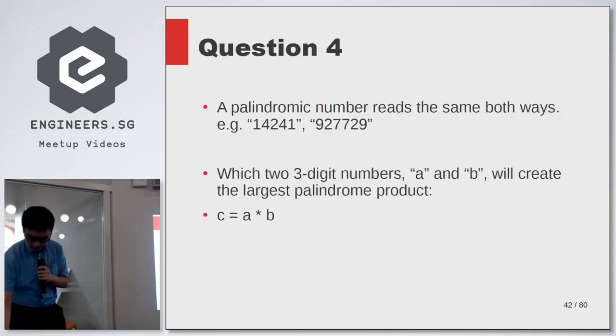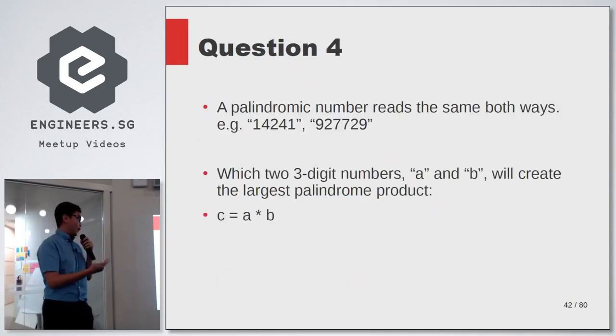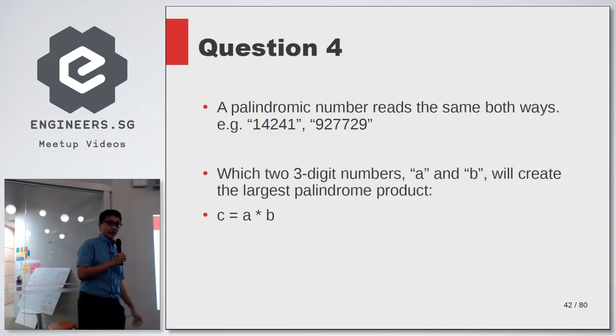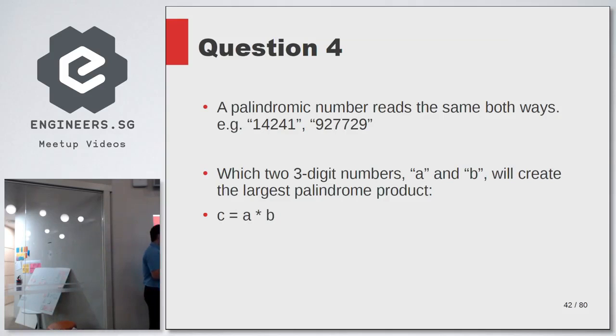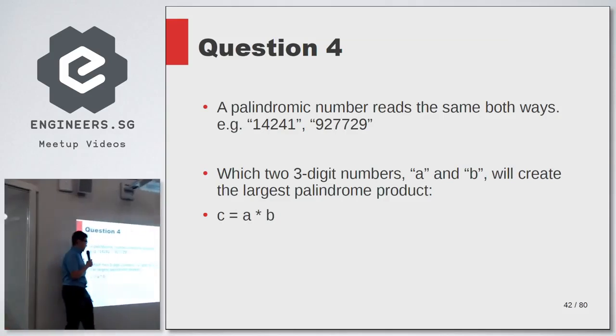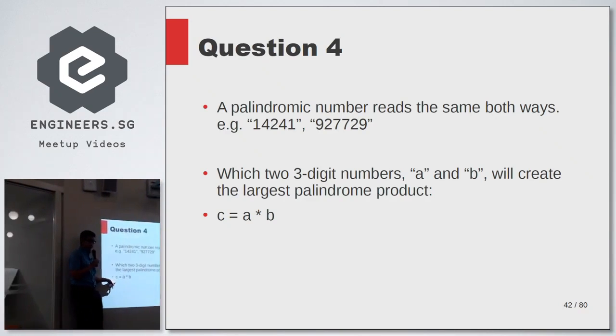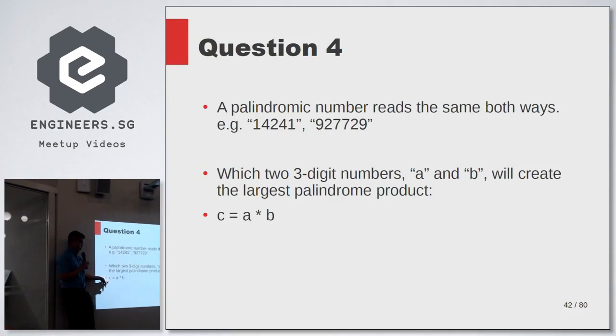Okay. So, for example, question number 4. A palindromic number is a number that is the same if you read it from left to right and right to left. You can sort of think of it as a mirror image of itself. The original question asks, which 3-digit numbers A and B will give you the largest product C, where C is a palindrome itself.